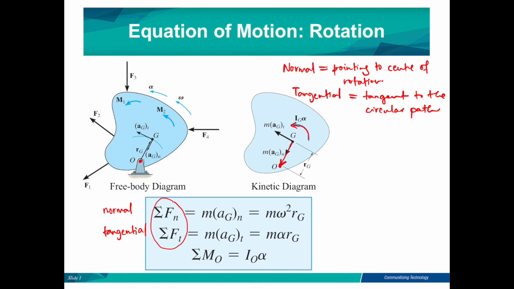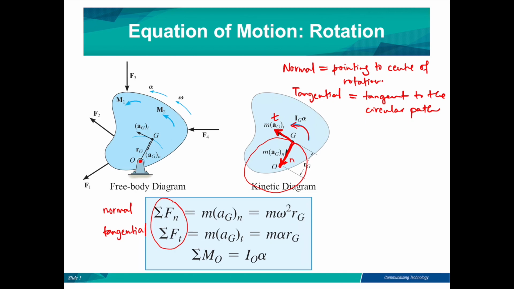This is point O, center of rotation, so this is normal. And if you imagine point G rotating about point O, this will be the circle, the path. So tangential axis is tangent to this path. So this is tangential axis, and normal axis is pointing to the center of rotation O.